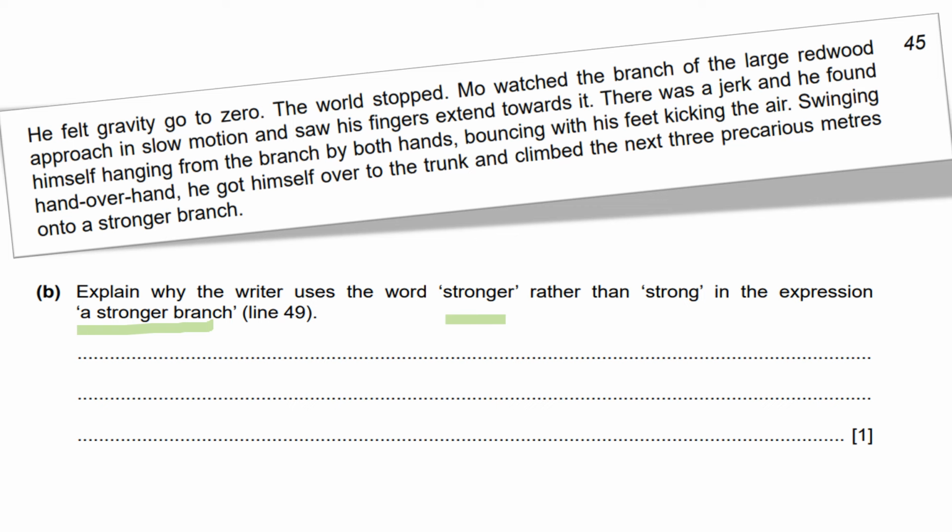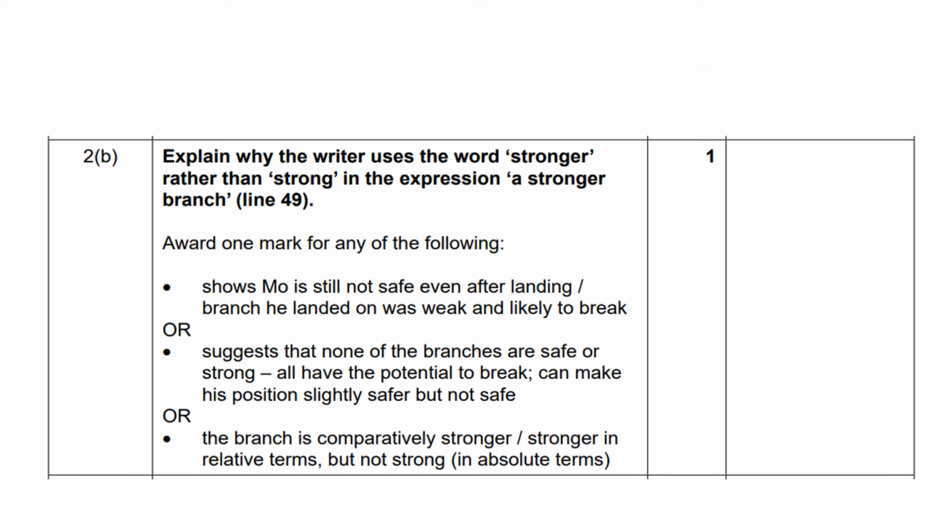He got himself over to the trunk and climbed the next 3 precarious meters onto a stronger branch. So when he is trying to jump and lands on the other branch, he finds that the branch on which he has jumped is not really strong. He can feel the flexibility in the branch and realize that it is not strong enough to bear his weight.